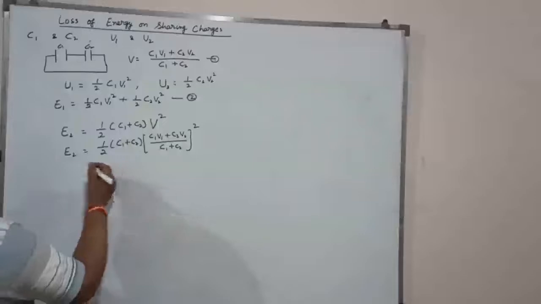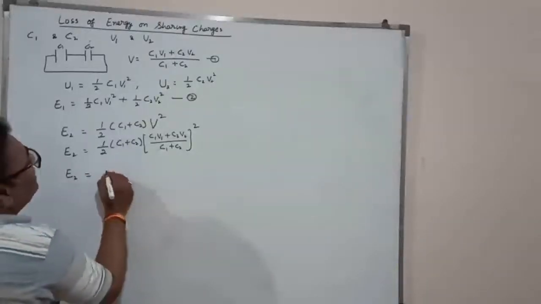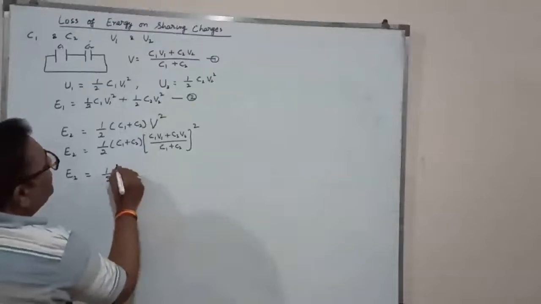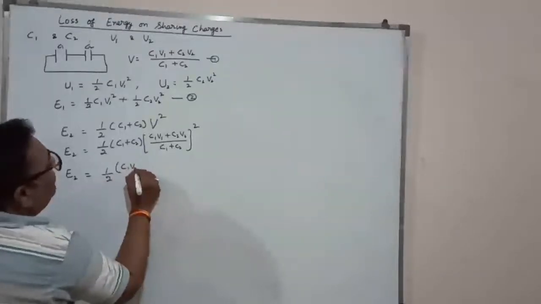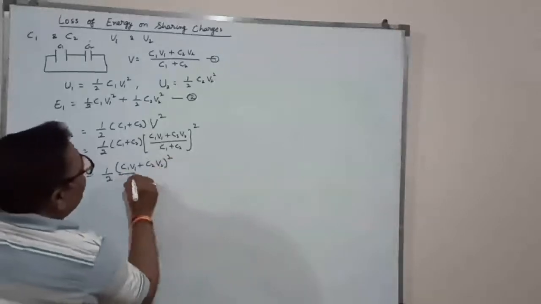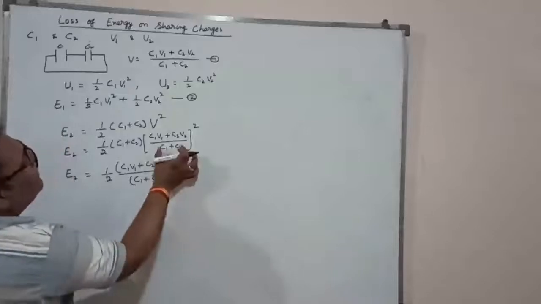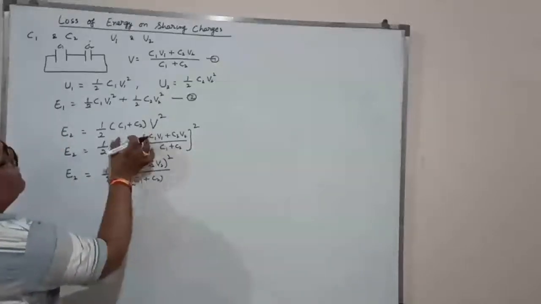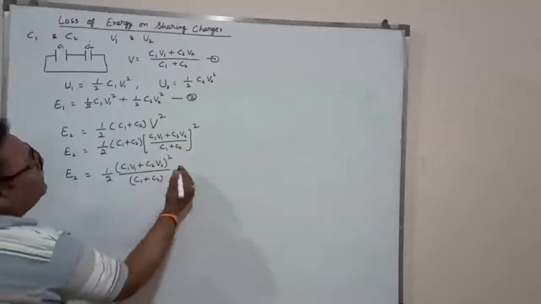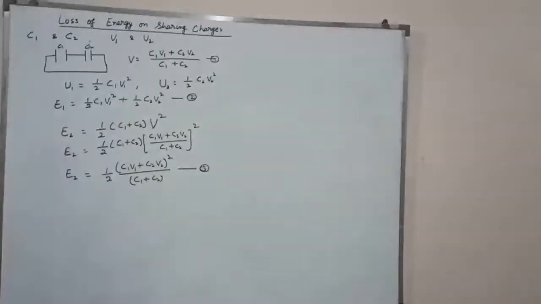Or this expression is written as E2 is equal to half (C1 V1 + C2 V2) square upon (C1 + C2), because this (C1 + C2) square cancels one factor. This is equation 3. Clear?